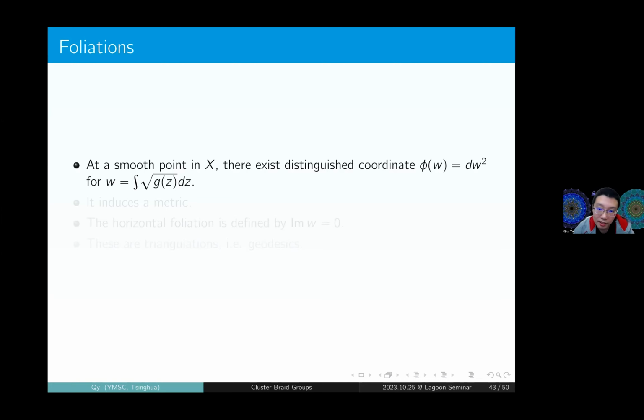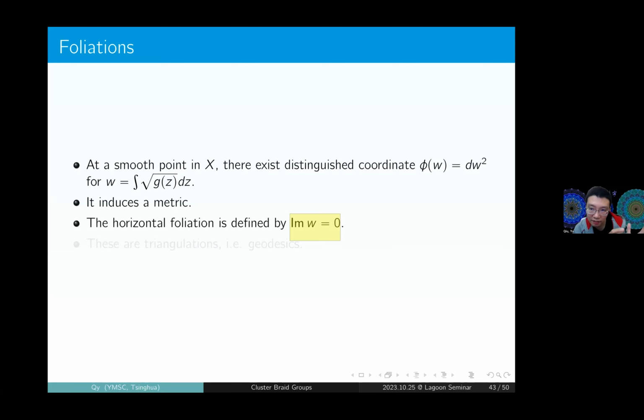Because for these distinguished coordinates, you can pull back the metric from C and also define the horizontal foliation, which is just this formula. So if you think on a complex plane, when you have Im z equals 1, this defines the horizontal line. So that's the horizontal foliation just on C for the trivial case.